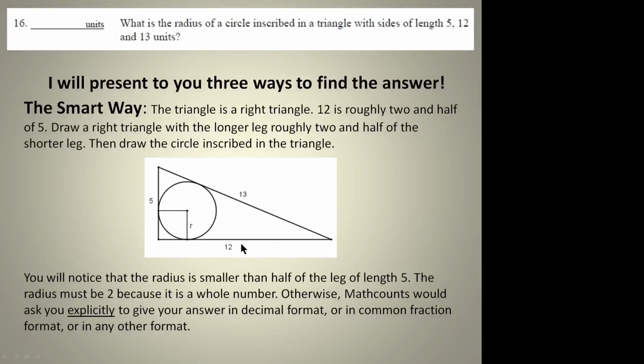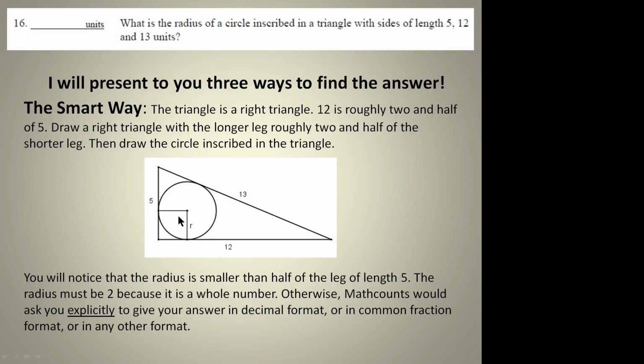It is not 2.4 or smaller than 2, because otherwise Mathcounts would ask you explicitly to give the answer in decimal format, or in fractional format, or in radical format.